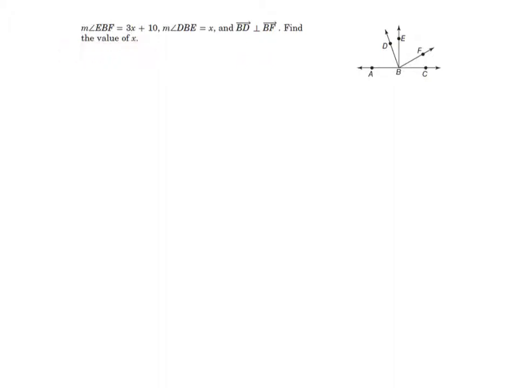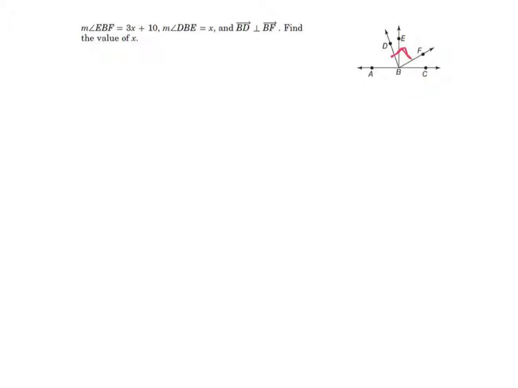Find the value of x. So let's mark up our figure here. BD is this ray kind of going off at an angle, and then BF is this one going off to the right. These two are perpendicular. That means 90 degrees. So this is a 90-degree angle here.